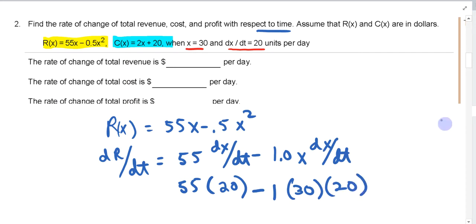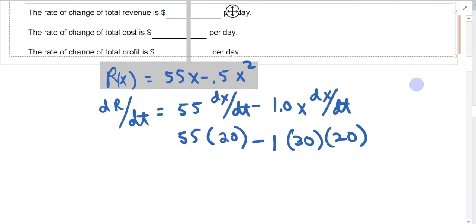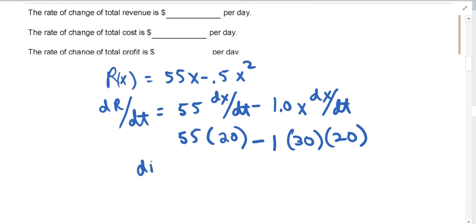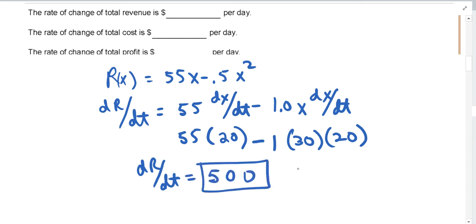So 55 times 20 minus that, and we should get 500. So dR/dt is 500. That is the rate of change of the revenue.